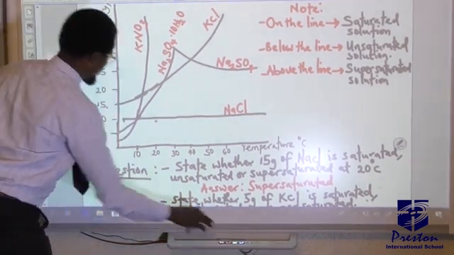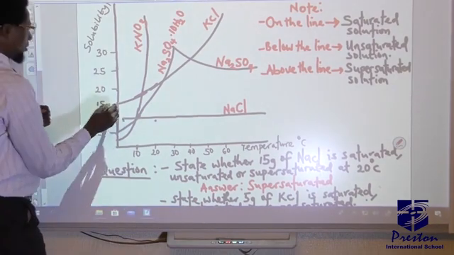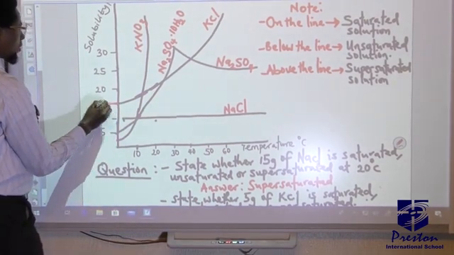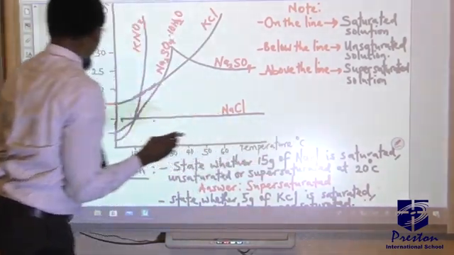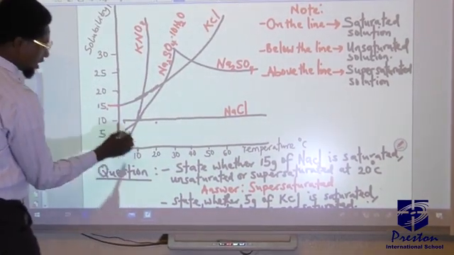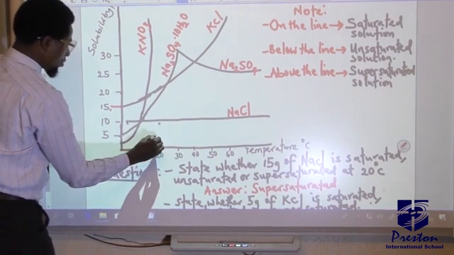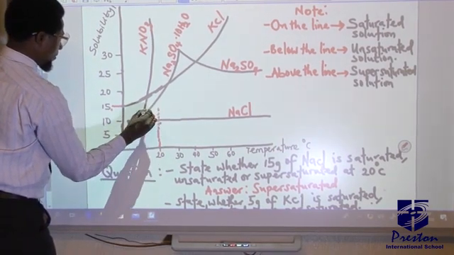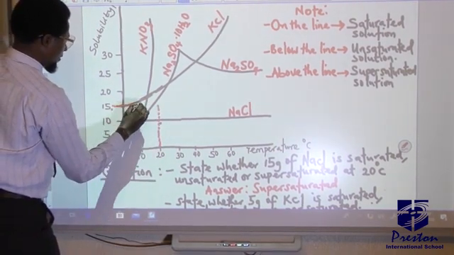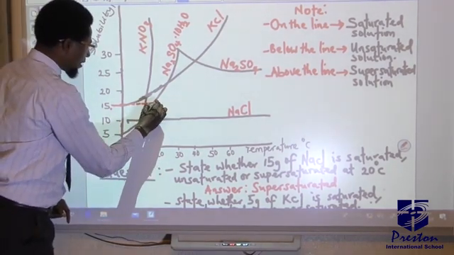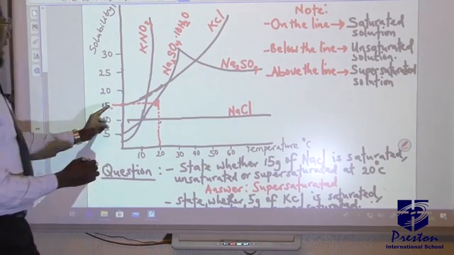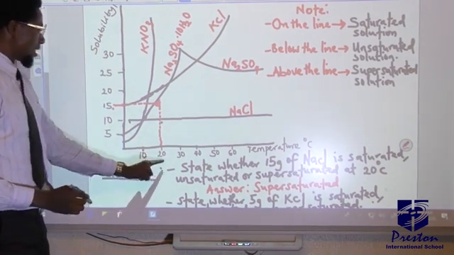Then at what temperature? At 20 degrees Celsius. Then trace it. Where's our 20 degrees? We trace it up. Now, this is where the line of solubility and temperature meet.